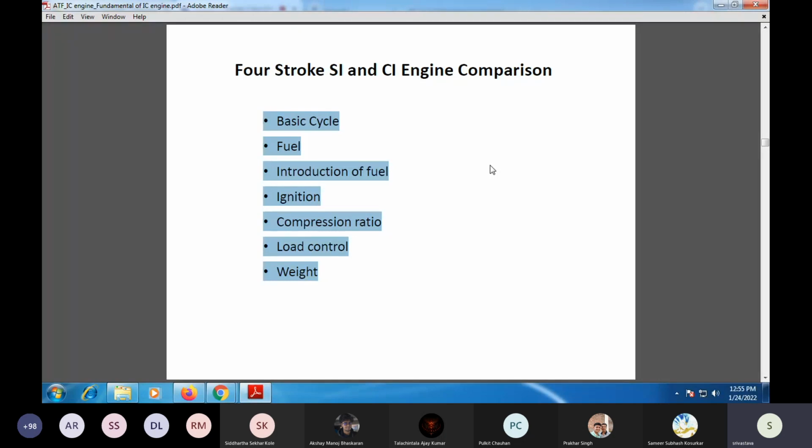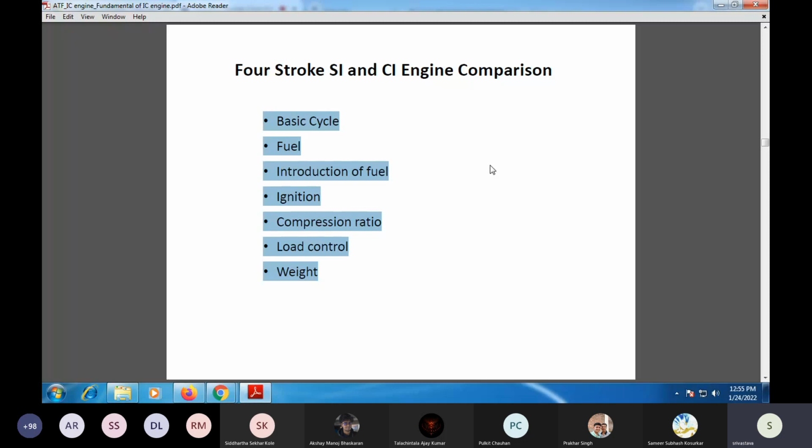The next thing we are going to discuss today is the 2-stroke engine. The way we discussed the 4-stroke, in which we need 4 strokes of the piston, or 2 revolutions of the crankshaft, to complete 1 cycle, similarly we will study the 2-stroke engine, which needs only 2 strokes of the piston, or 1 revolution of the crankshaft, to complete 1 cycle.